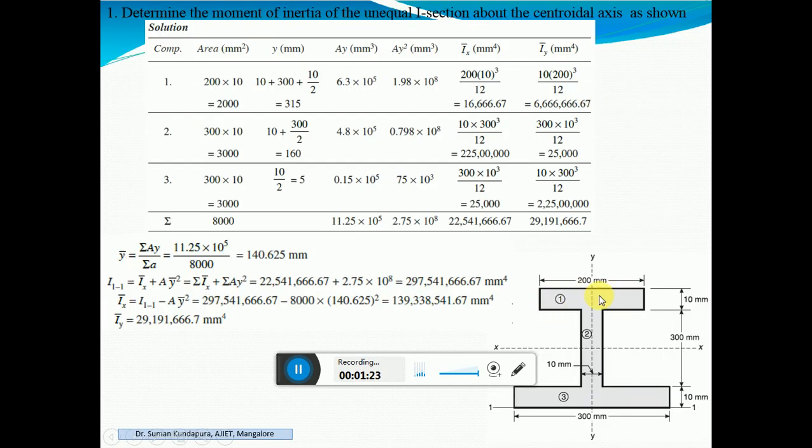For example, in this figure, the figure is symmetrical about the y-axis, so you can consider this axis as the reference axis here, whereas the figure is unsymmetrical about the x-axis. It is not the same on the top and the bottom portion, so it is not symmetrical about the x-axis. So I will consider another axis, that is axis 1-1, as the reference axis.